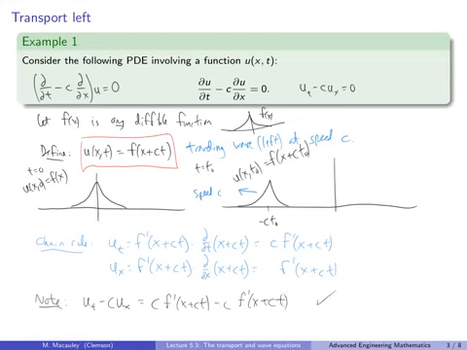So yes, for any signal or any function f of x, if we turn that into a traveling wave left at speed c, that will satisfy the simple PDE u_t minus c u_x equals 0. So this is sometimes called the transport equation.